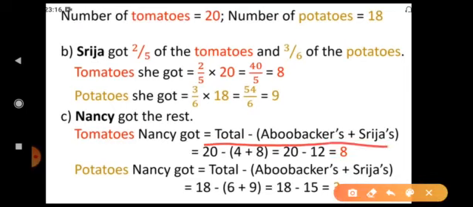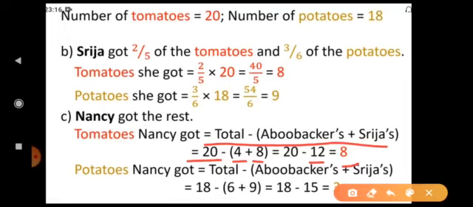Okay, so we know that there are 20 total tomatoes. So I have written 20 over here, and Abu Bakar got 4 and Srija got 8 tomatoes. Okay, so 4 plus 8 is 12. 20 minus 12, so the answer is 8 that Nancy got.